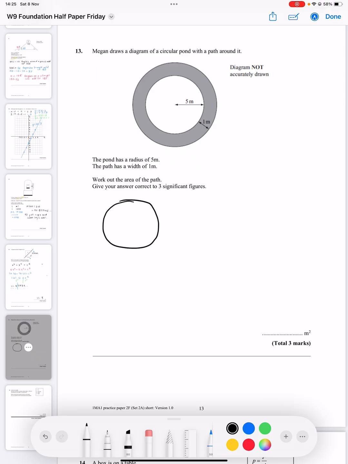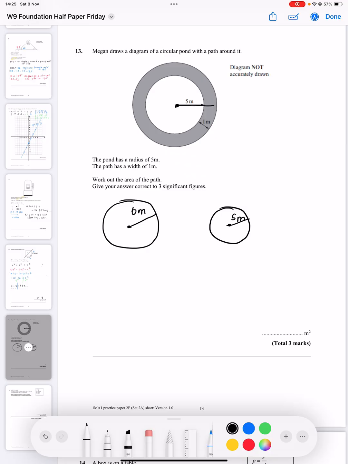So we've got a large circle and a small circle. The small circle's radius is 5 metres, and where I say the small circle, that's this one here. And the radius of the large circle is the sum of 5 and 1, because the width for the path is 1, which gives me 6 metres.